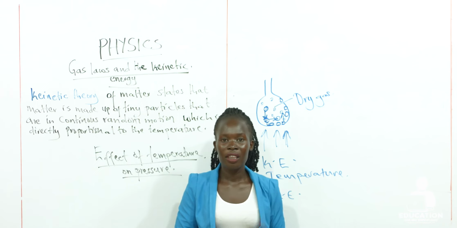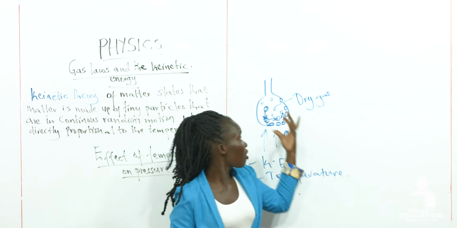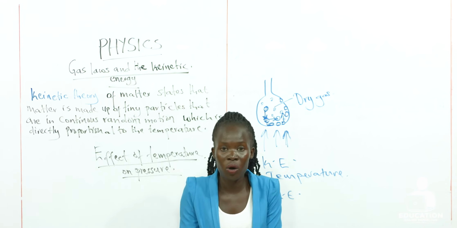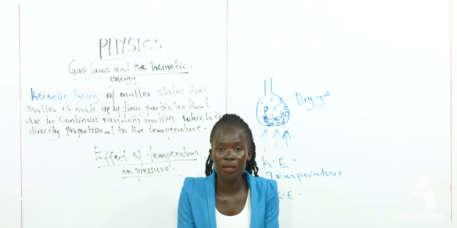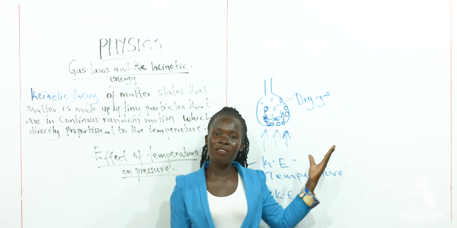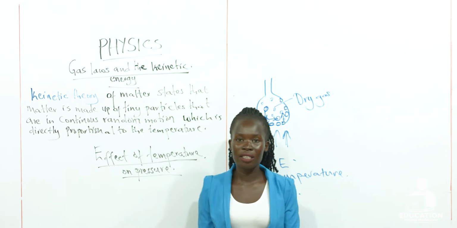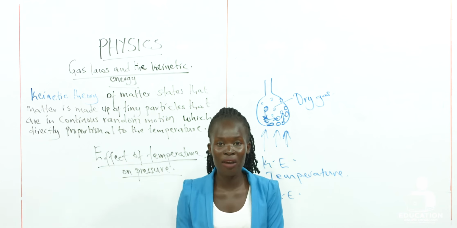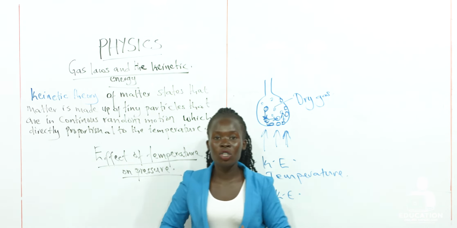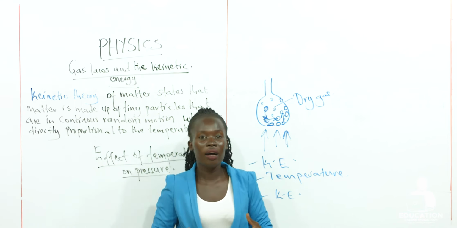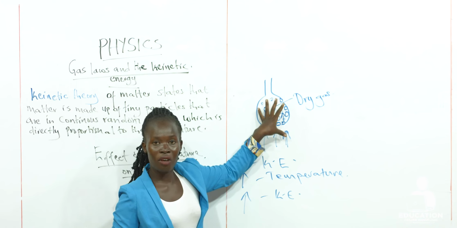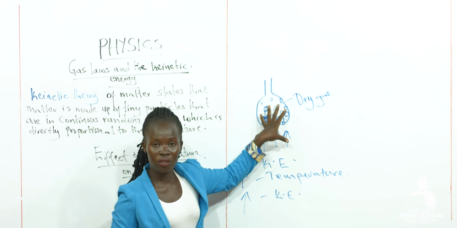But what if the flask or the container is not flexible? What will happen? If it is not flexible, the container will burst, or we can say it can break, because it is not in a position to accommodate the increase in the volume of the gas molecules.